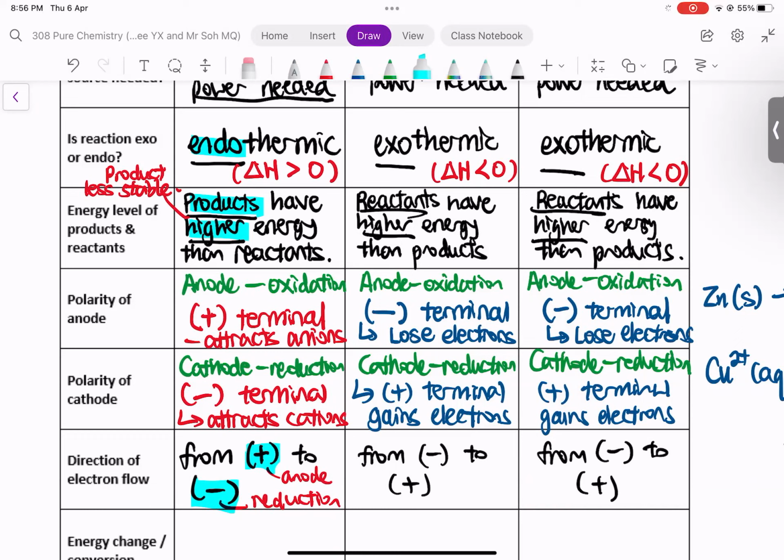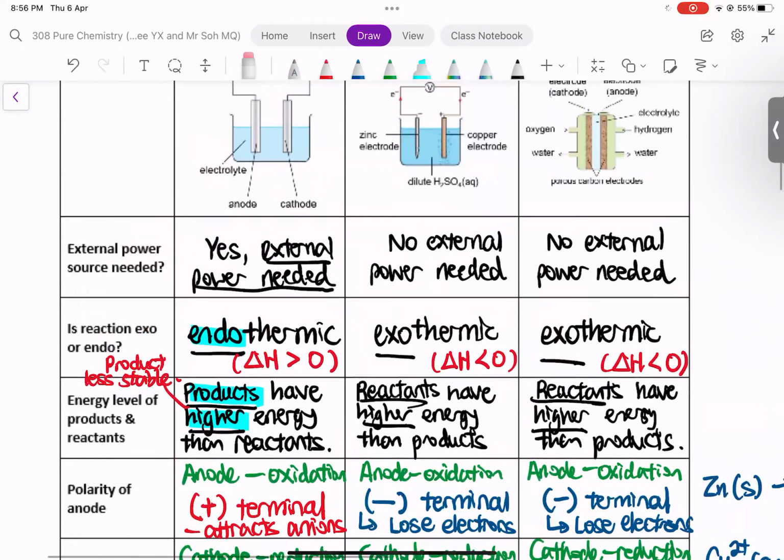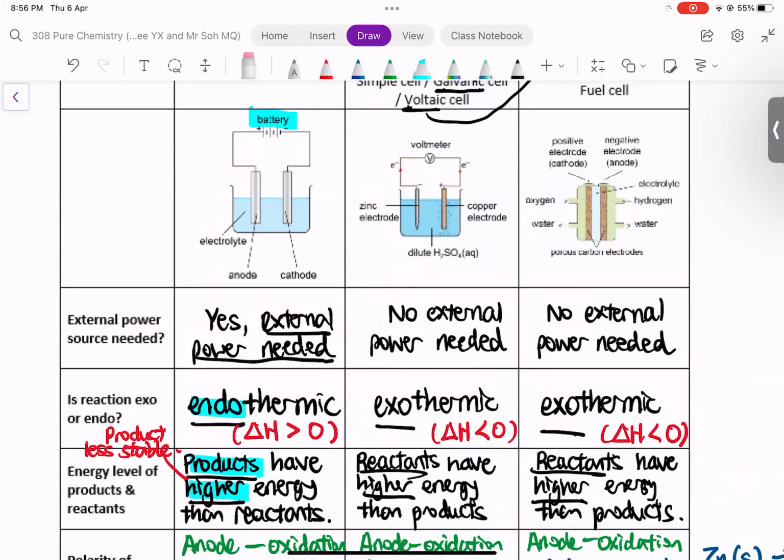Negative electrons, negative terminal, they actually don't attract each other. Negative doesn't attract negative. So to force the electrons to go from positive to negative, I clearly have to take in energy. It is clearly not something that will happen naturally on its own. So because I already know that electrolysis needs an external power source, it's endothermic.